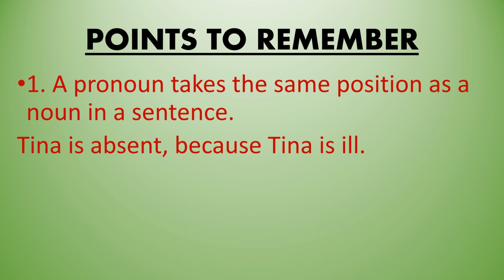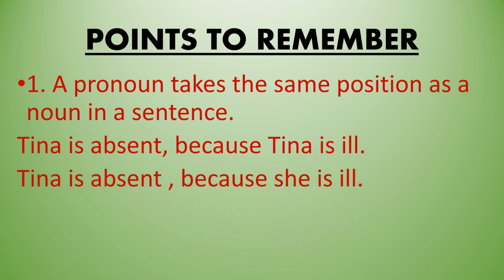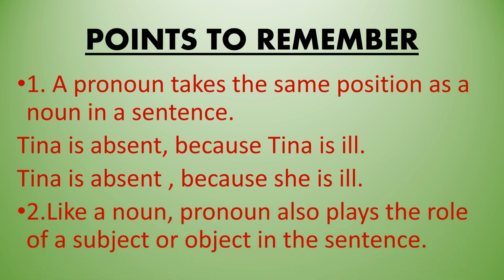In this, to avoid repetition, I will replace the second Tina with the pronoun she. See, Tina is absent because she is ill. So that's why I have said a pronoun takes the same position as a noun in a sentence. The second point is like a noun, a pronoun also plays the role of a subject or object in the sentence. Clear?